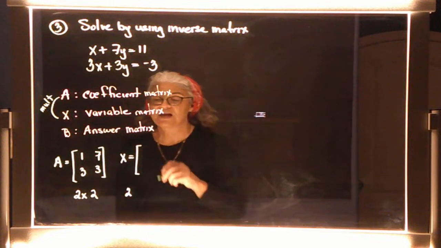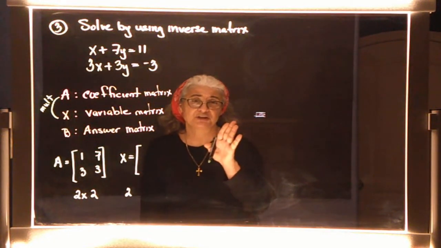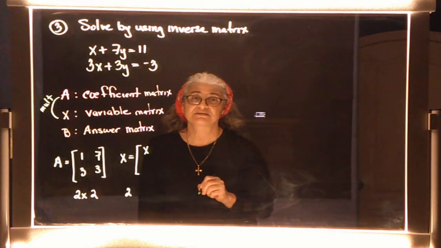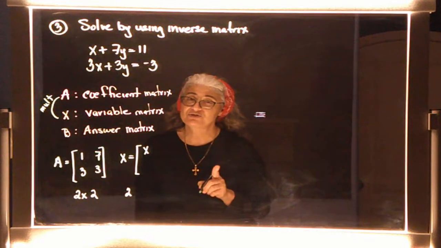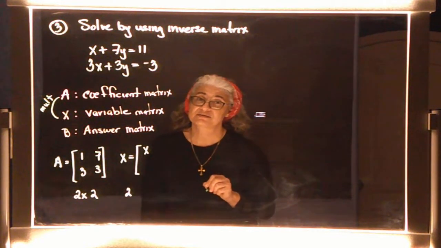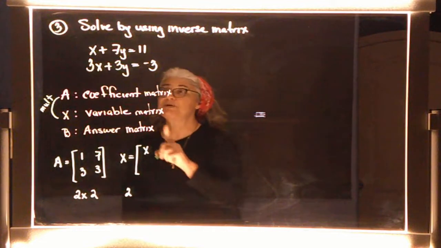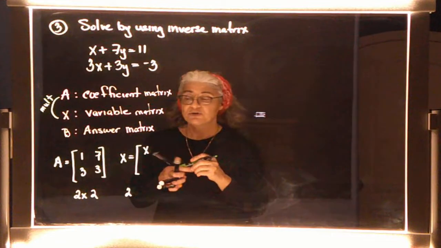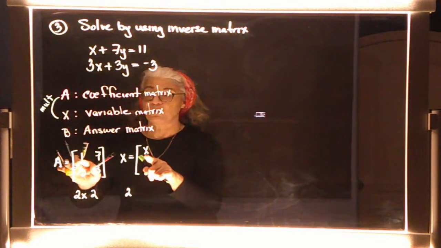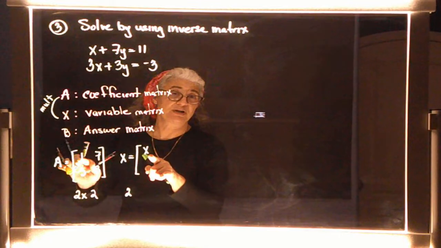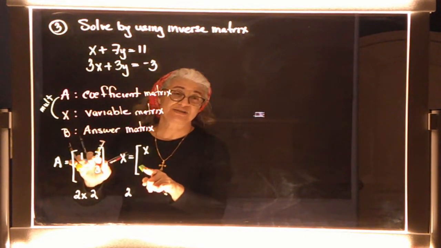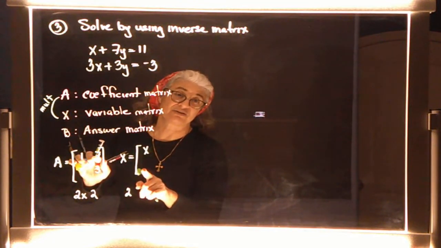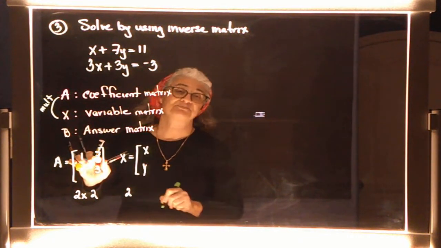Now, be careful here. That means I'm going to have an x in this matrix. But this matrix doesn't have to be a square matrix. Remember, I'm supposed to end up with 1x and 7y. So remember, when you do your multiplication, first number times first number, so 1x, and then I take second number times second number. So in this case, if I'm supposed to get a 7y, that means this down here has to be a y.